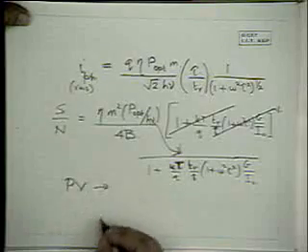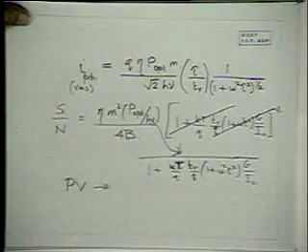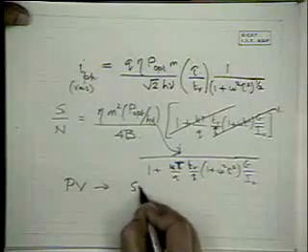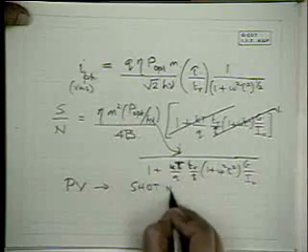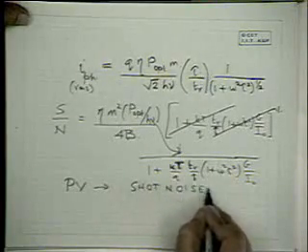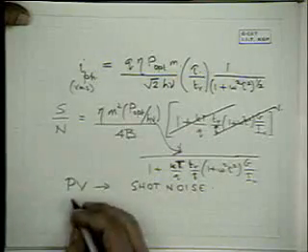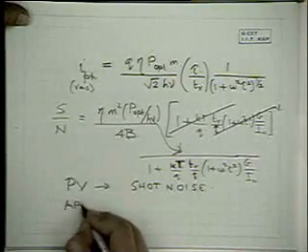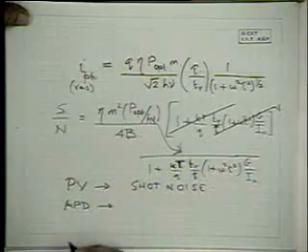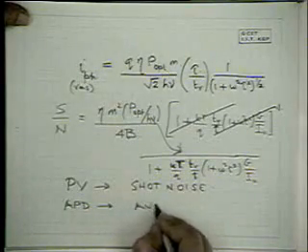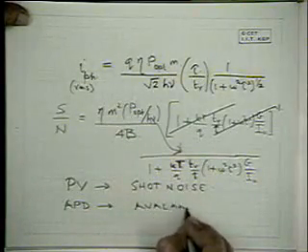Now I won't go through such calculations for all the devices, but obviously for photovoltaic detectors, in addition to these sources of noise, you will have shot noise. So you can make an equivalent circuit which includes shot noise. For APDs, it's a special type of photodiode, you will have, in addition, the avalanche multiplication noise.